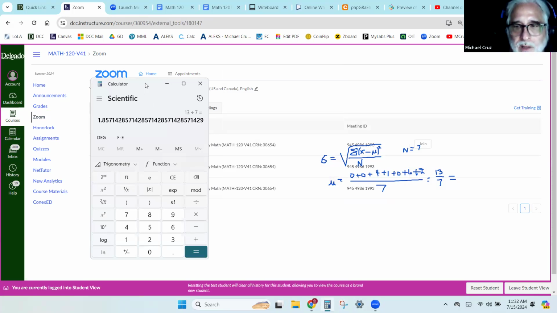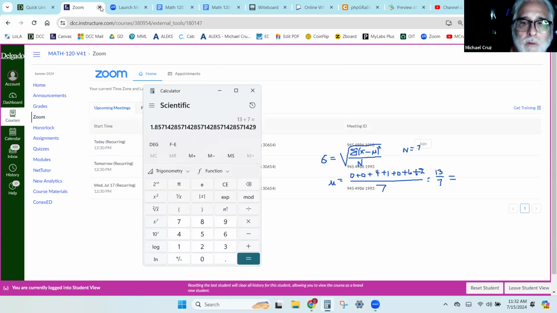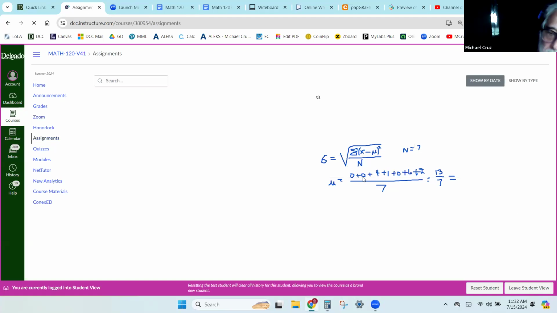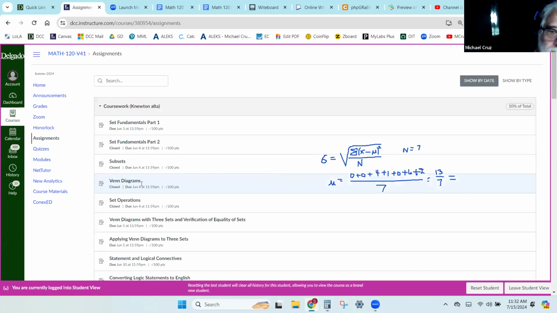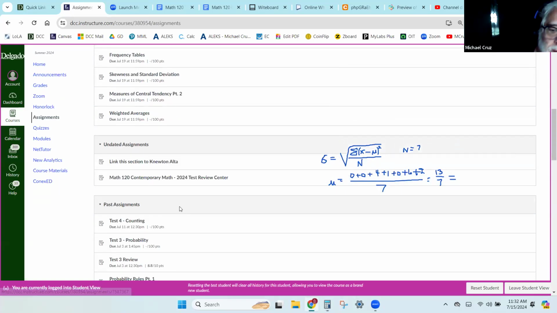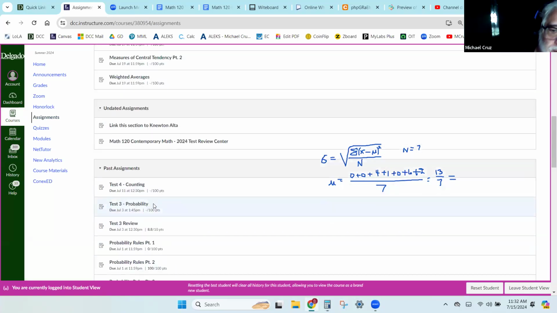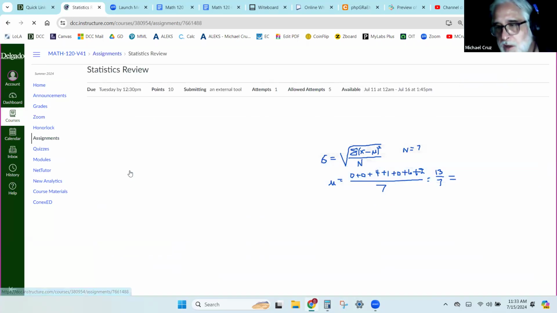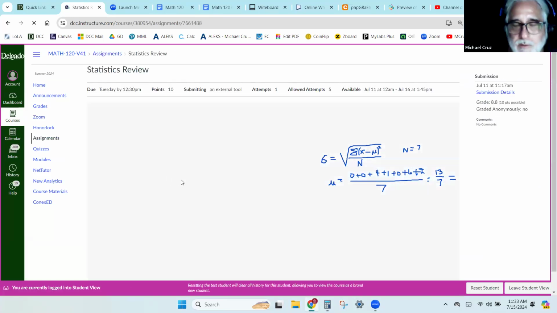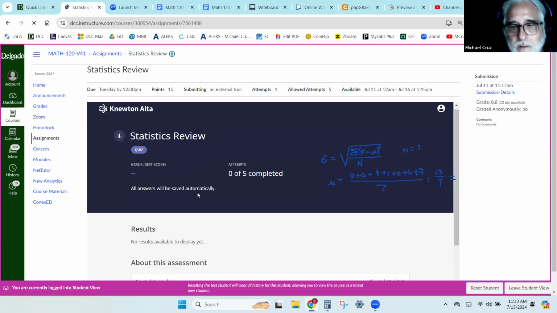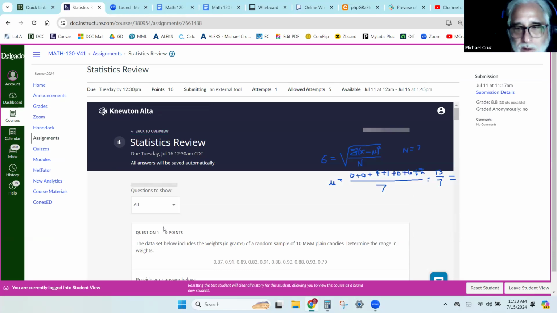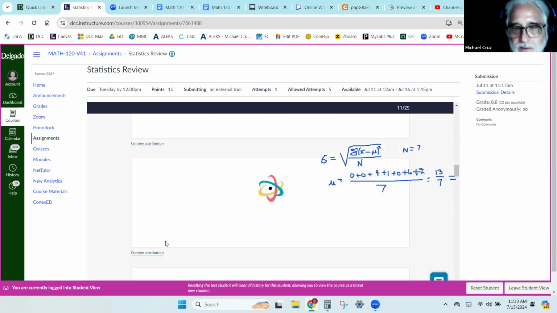Check and make sure I got those added up right. I was a little bit disturbed by the fact that it wasn't coming out to 14. It's not that it always has to be even, it's just that it would make it a lot easier if it is.